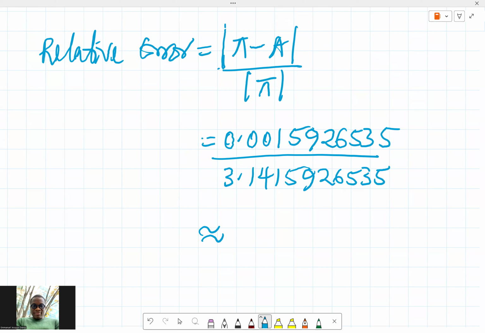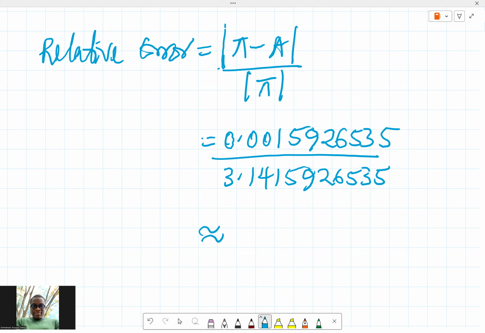So let me double check what I already have: 0.0015926535 divided by 3.1415926535.